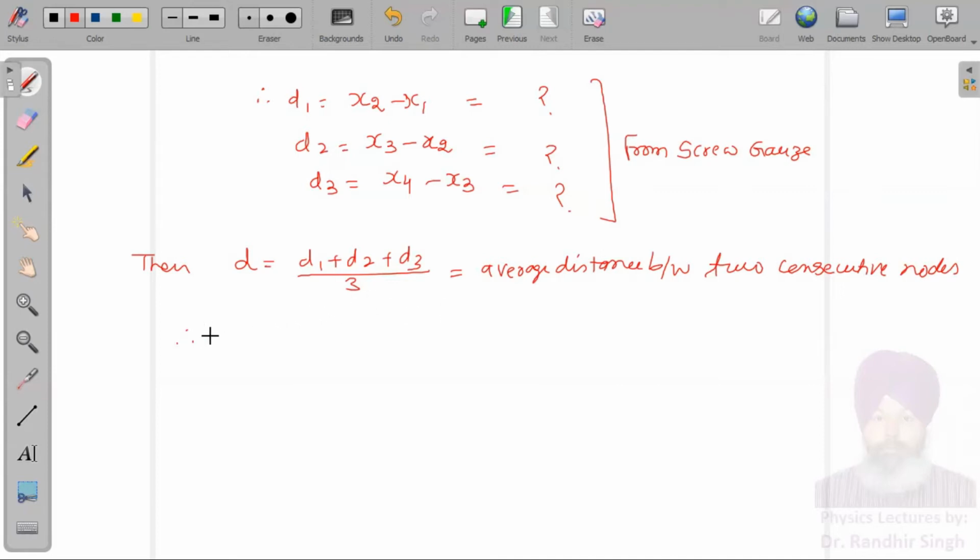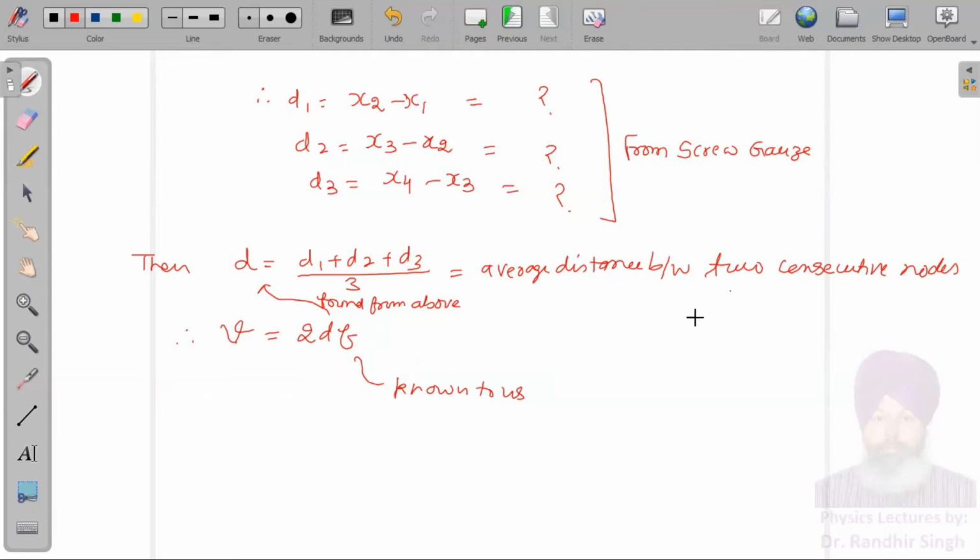So this can be easily found. Therefore, I can find the velocity, which is equal to 2df. So d will be found from here, and f is known to us. So we can easily find the velocity of the ultrasonic waves in water.